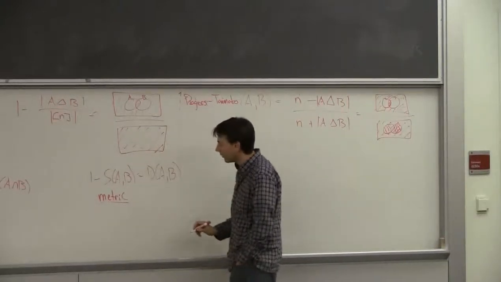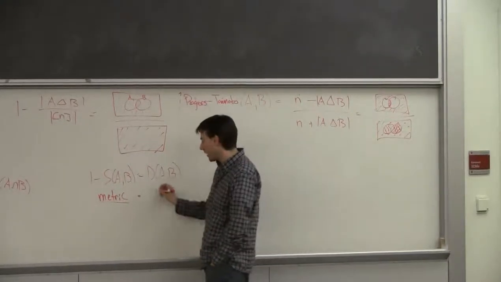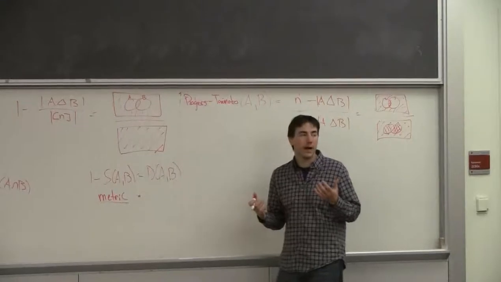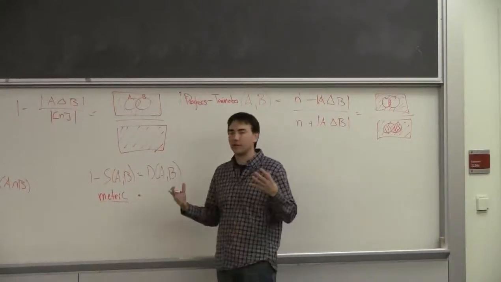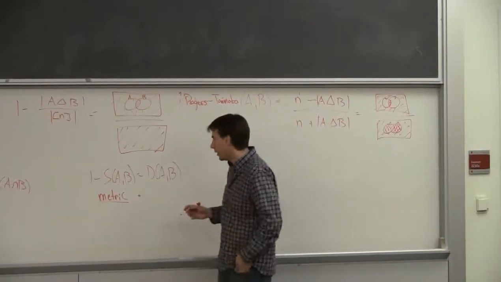And we'll talk about this a bit more later, but a metric is very powerful and will be necessary for some of the algorithms that we need later. It's a distance that has very nice properties.